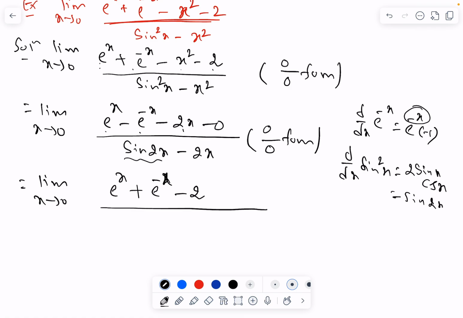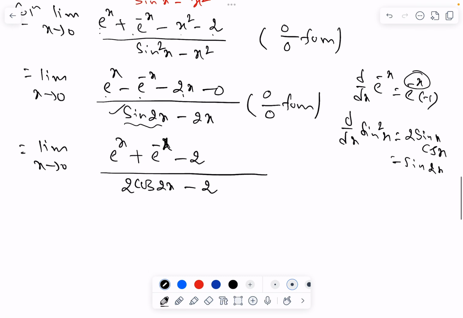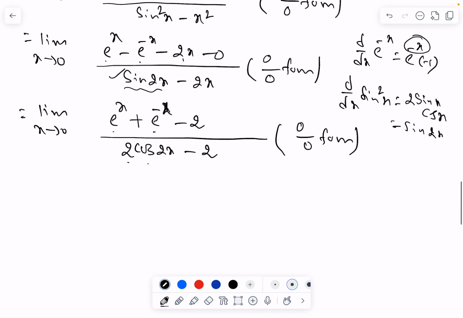Derivative of sin 2x is cos 2x, and derivative of 2x is 2, and minus 2. So again we check: this is 1, this is 1, 2 minus 2, so this is 0. This is 2, cos 0 is 1, so this is 2, and minus 2. So that is also 0.